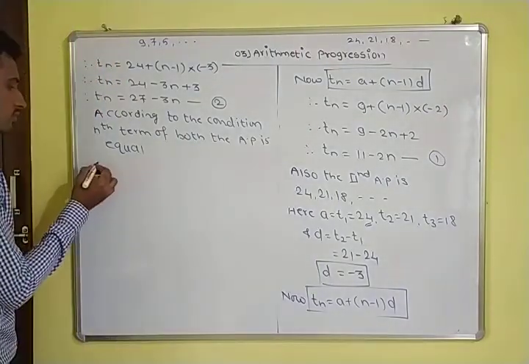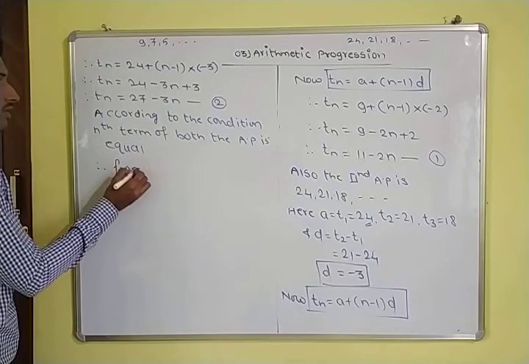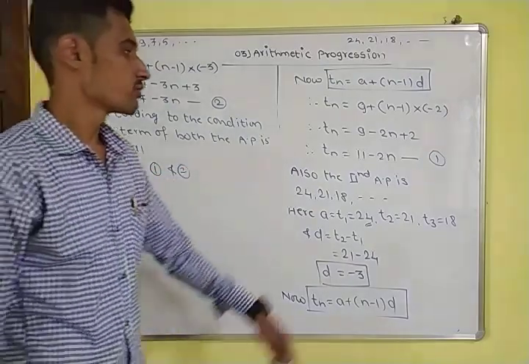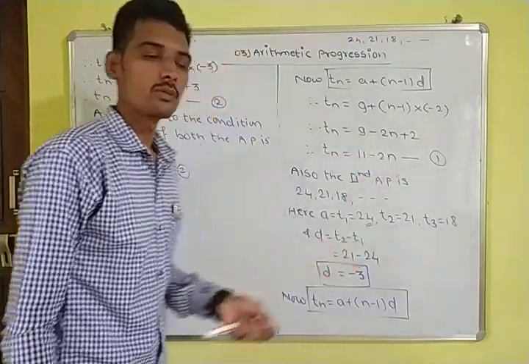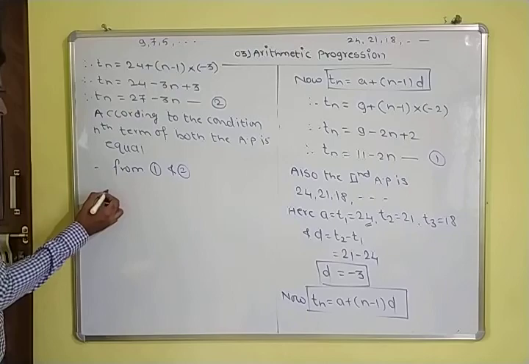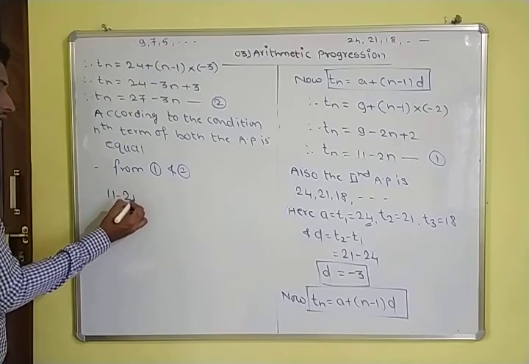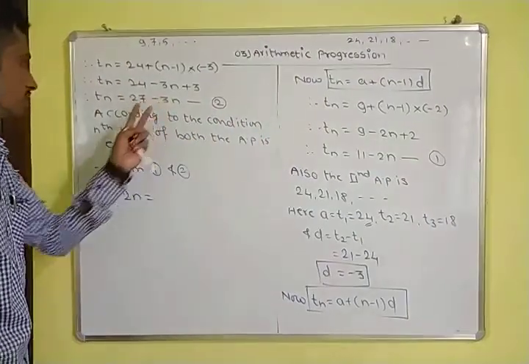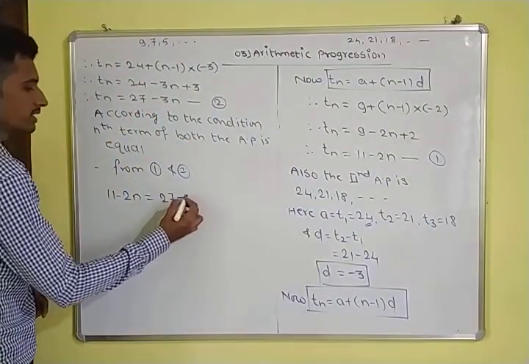Therefore from 1 and 2, the nth terms are equal. What is the nth term of 1? 11 minus 2n. Therefore from 1 and 2, 11 minus 2n is equal to 27 minus 3n.